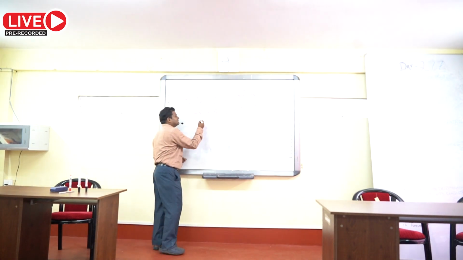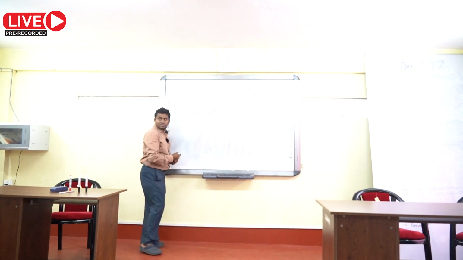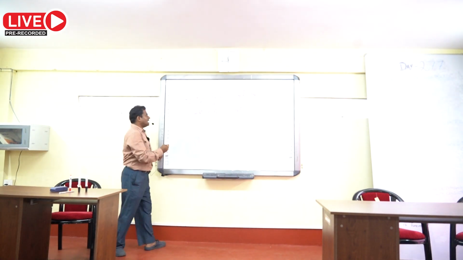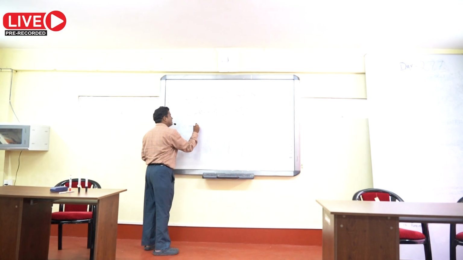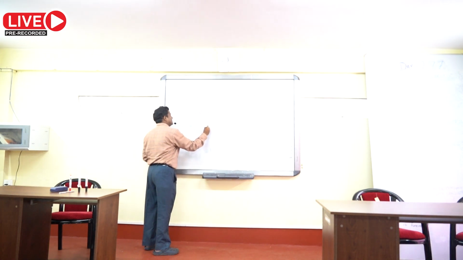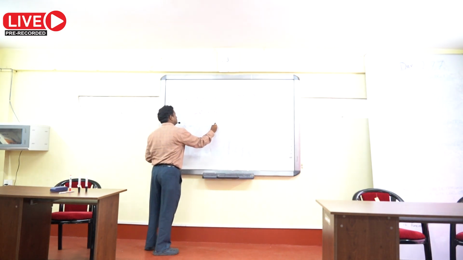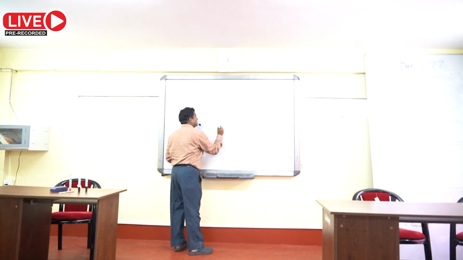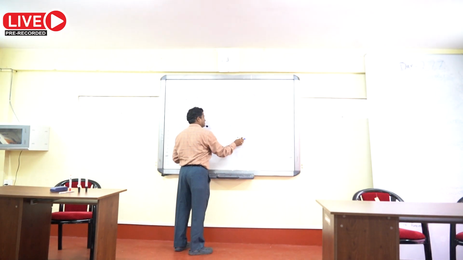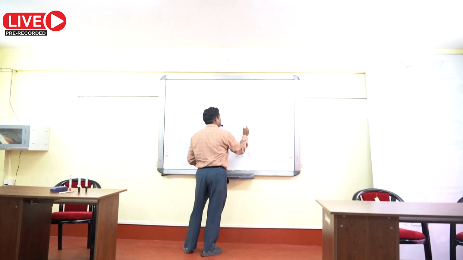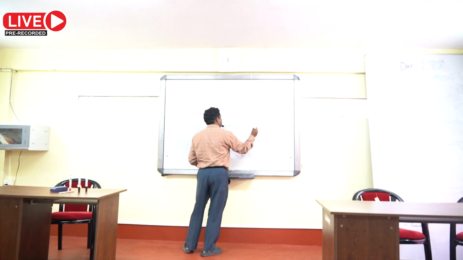Now cancel this t and write it by opening the bracket on that side: m1 v1 minus m1 u1, that is coming, minus m2 v2 plus m2 u2.